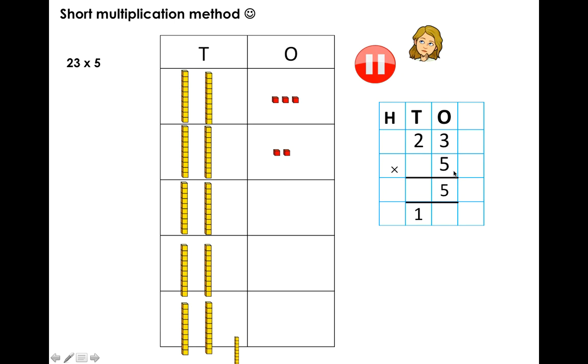Then we do 2 10s times 5 ones to get 10, and we add on the extra 10. So we should end up with 11 tens altogether, which we write like that. Now remember, if you did 2 add 5, you might have ended up with 7 in that column. Remember, you must be multiplying there.